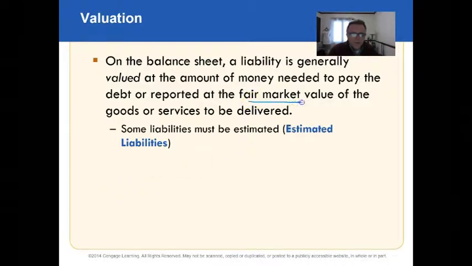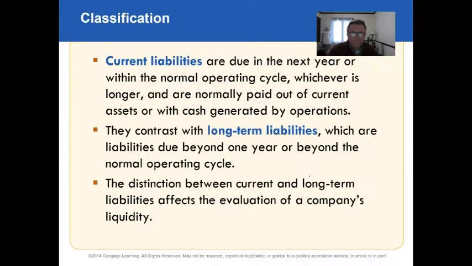Emphasis on the words fair market value in this case. Current liabilities are due in the next year or, like I said, within the normal operating cycle, versus a long-term liability, which is beyond the 1 year mark, beyond the normal operating cycle of your business. The distinction between current and long-term liabilities affects how you evaluate the company's liquidity. So it's important to get that right.